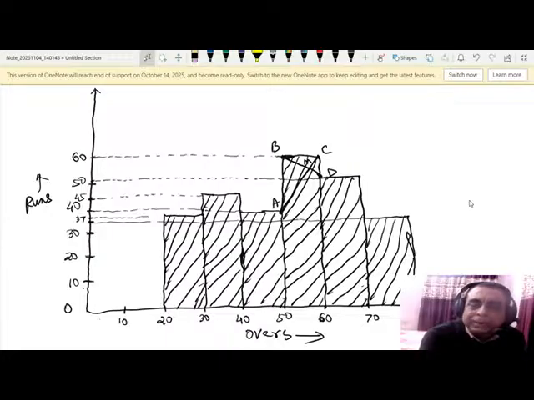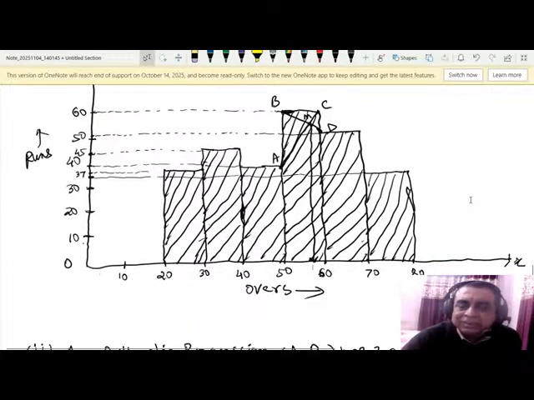Suppose we call it M. From that meeting point of AC and BD, you will make one line perpendicular to the x-axis using a scale and pencil. Where this vertical line meets the x-axis, that is the modal score. Okay, so it is what?